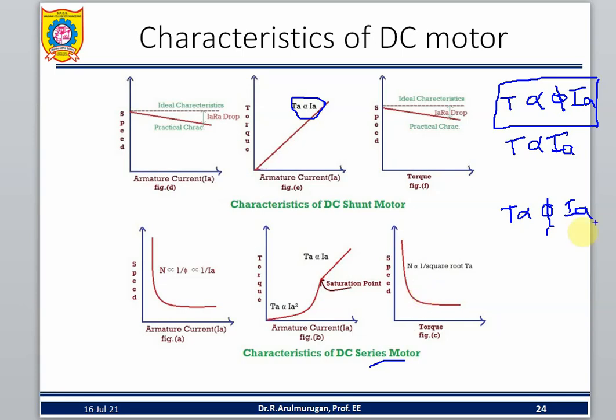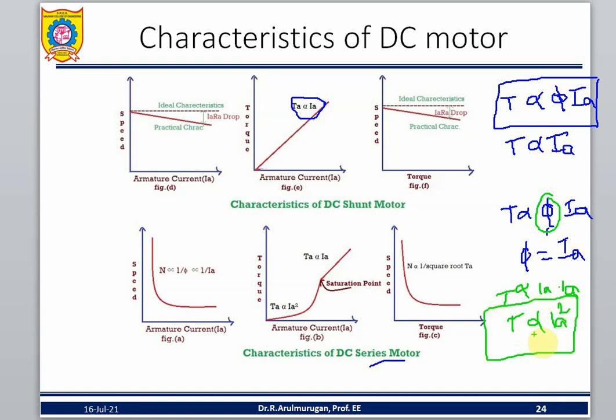Here the flux is not constant; the flux phi is equal to Ia. Substitute Ia over here. So T is directly proportional to Ia into Ia. So in short form, T is directly proportional to Ia squared.